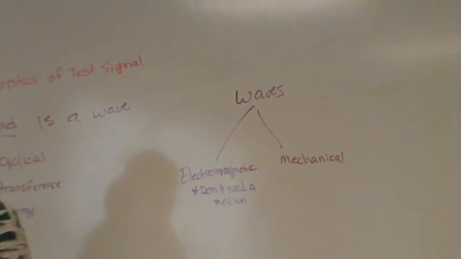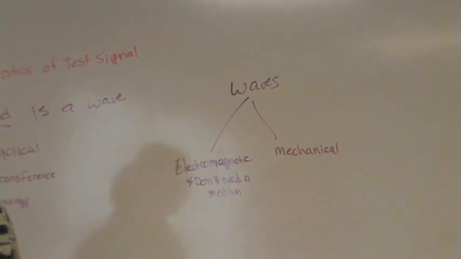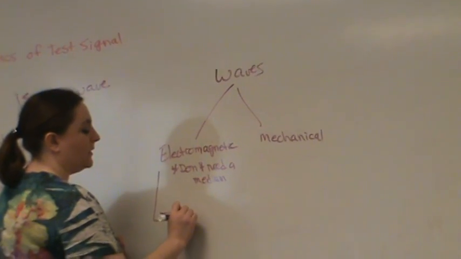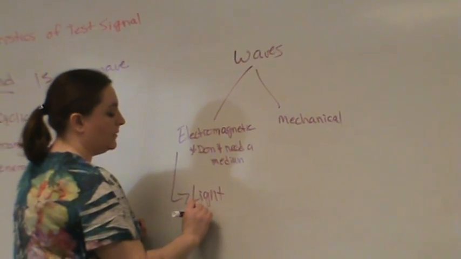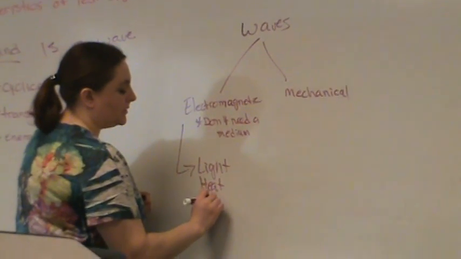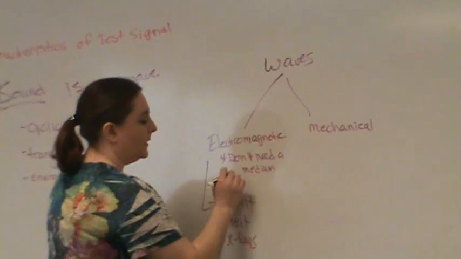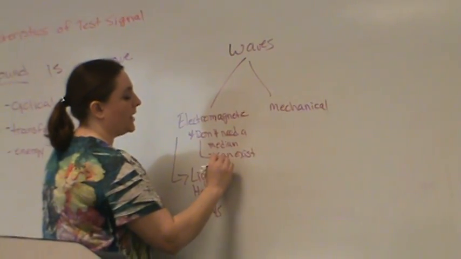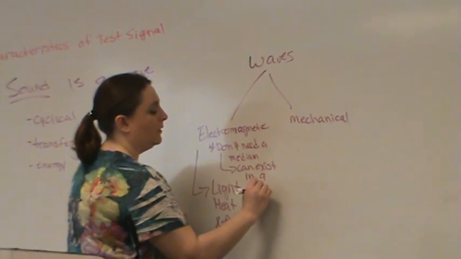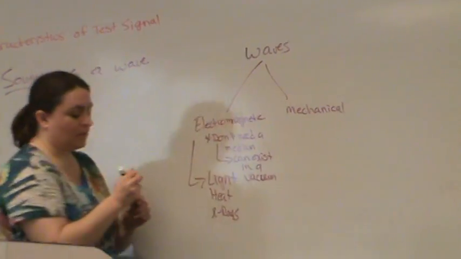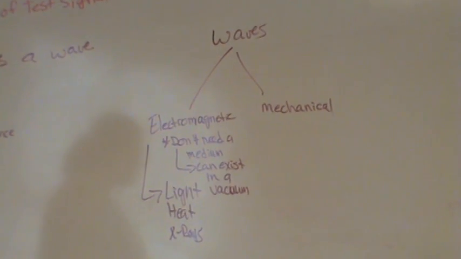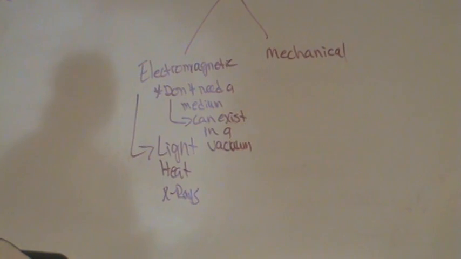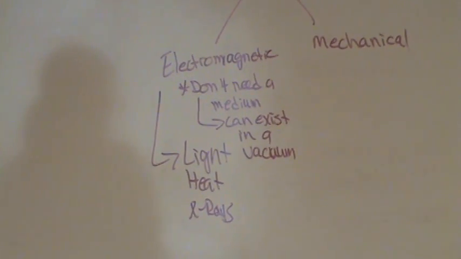It can move in a medium, but it doesn't have to. The examples we have of this were things like light, heat, and X-rays. The other way to say that it doesn't need a medium is that it can exist in a vacuum, which is a good thing, because that's how light gets to Earth. TV signals, gamma rays, those are all electromagnetic waves. And that's all you need to know about electromagnetic waves.